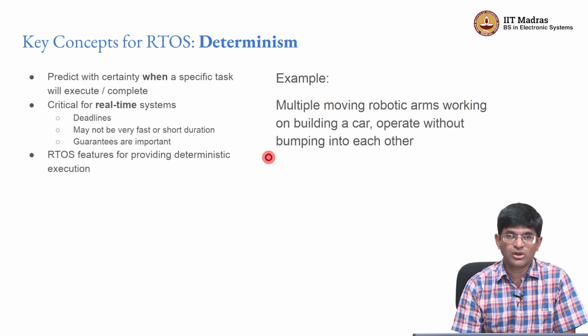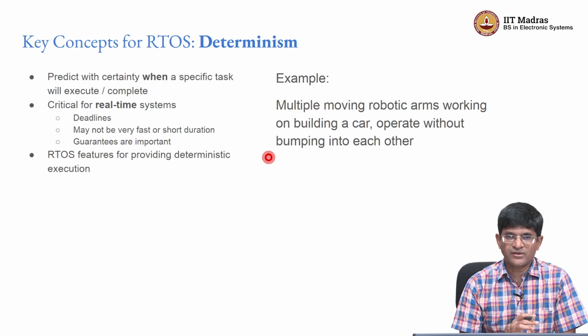And if you look carefully, you will notice that there could be points where they are actually cutting across the path that was earlier followed by another arm. What that means is, if you did not have absolute guarantees of determinism, it's entirely possible that two of the arms try to end up in the same place at the same time, causing a collision.